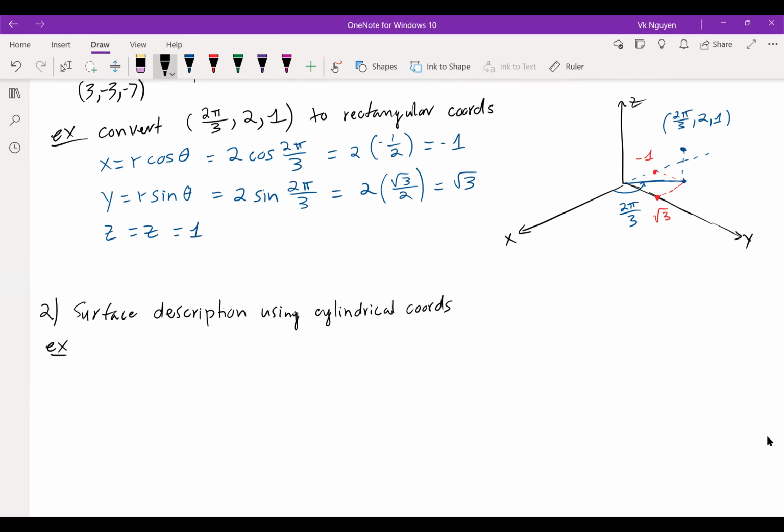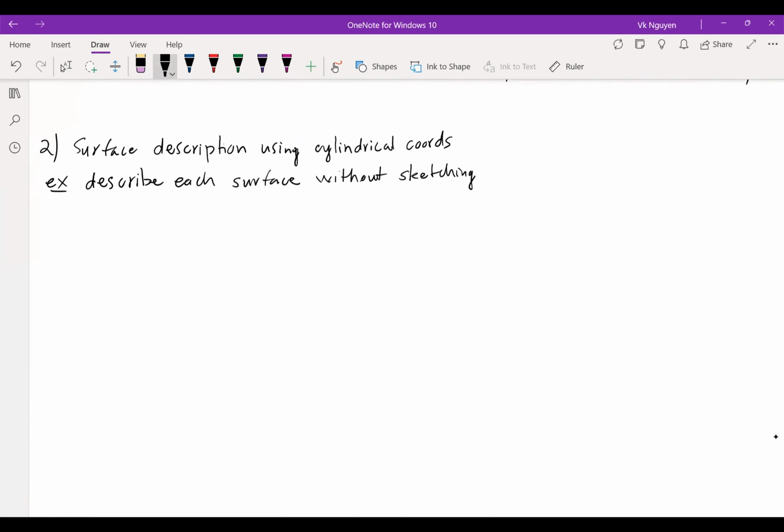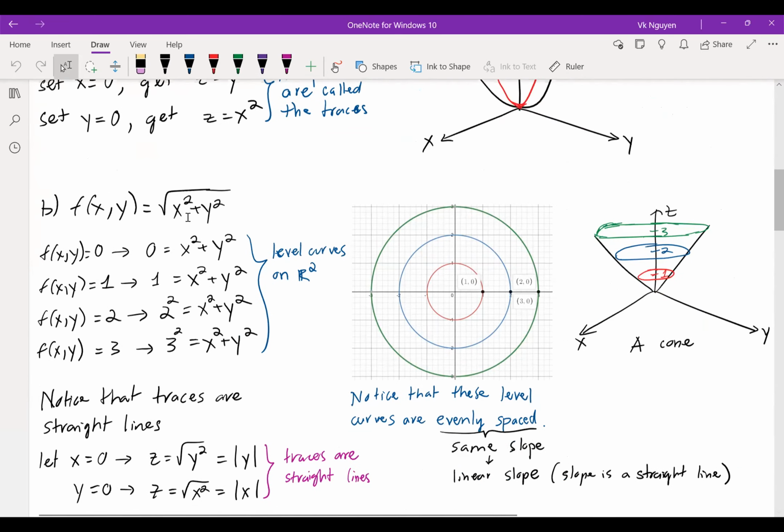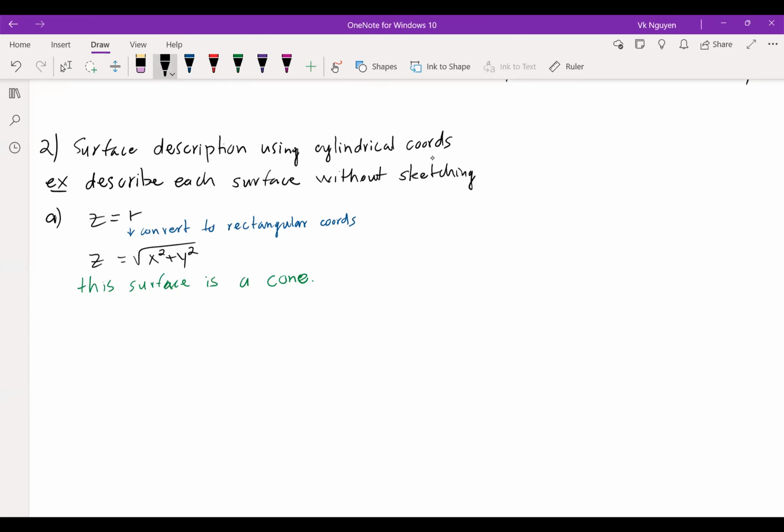Example, describe them without sketching. So here comes z equals r, which is √(x squared plus y squared). Look at this, it's a cone. Okay, so here comes the next one.